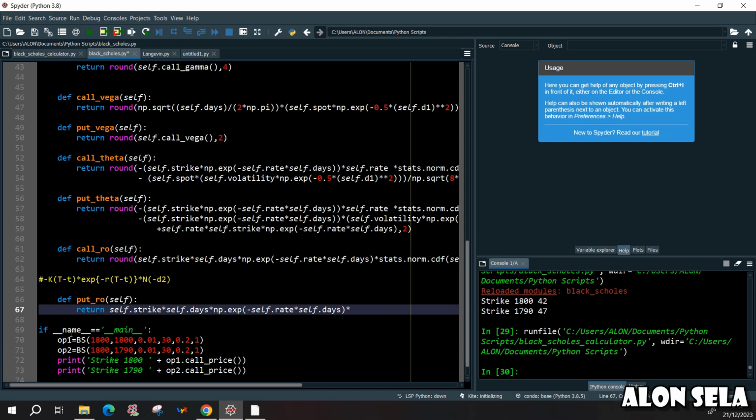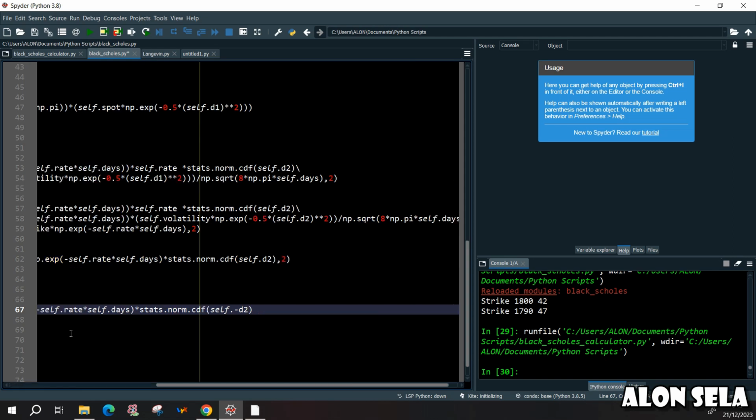and all of these need to be multiplied by the cumulative distribution function, so times stats dot norm dot CDF of self dot minus d2.